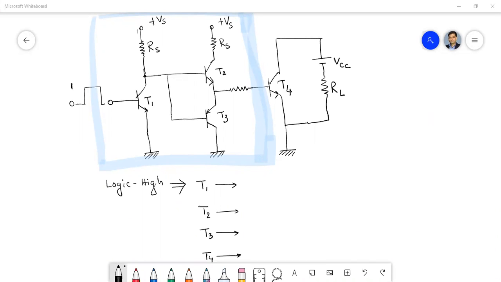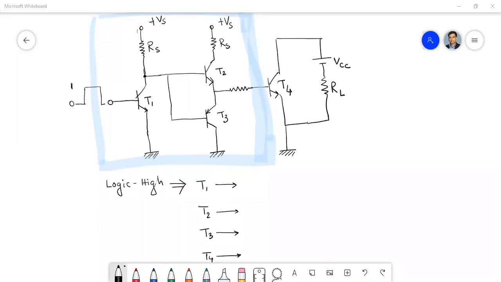Aditya Rai. The T1 will be on. What about T2?